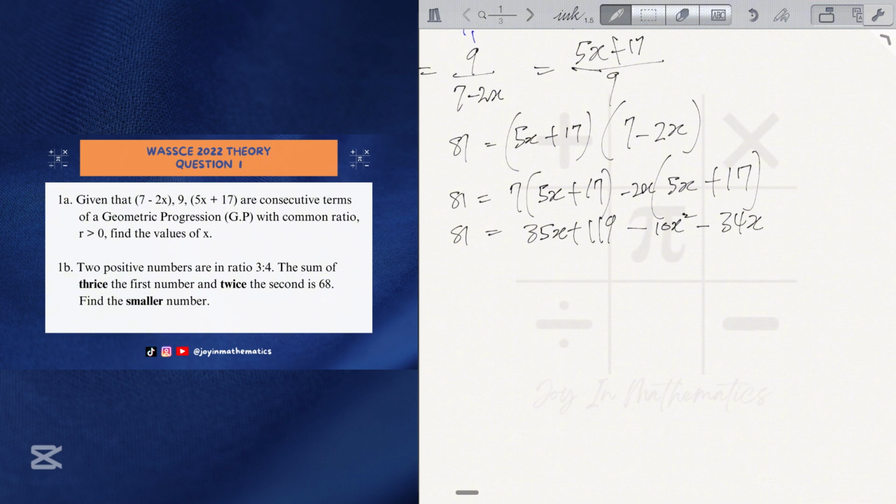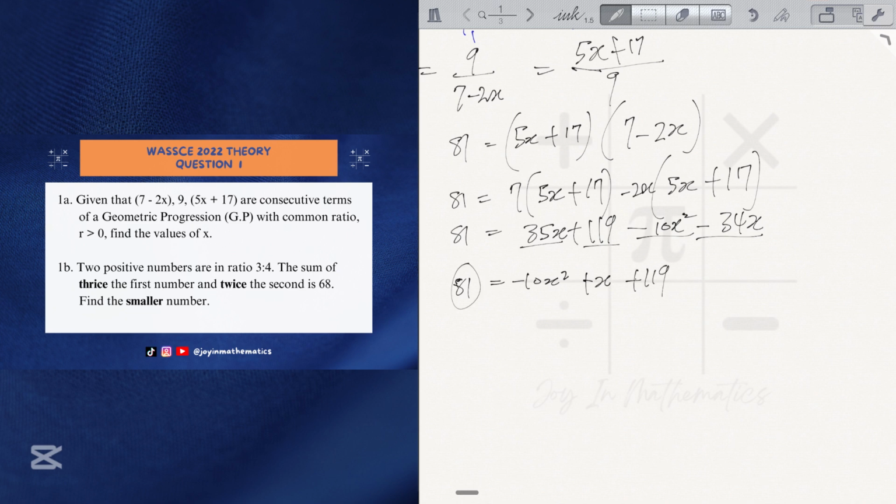So let's bring them together in terms of x squared, x, and the constant value. We have 81 equals minus 10x squared, and we have 35x minus 34x, and this will give us plus x. Moving on, we'll have plus 119.